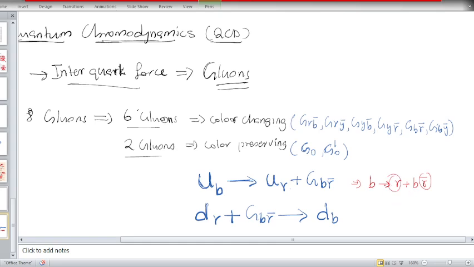This is how that particular blue up quark becomes a red up quark and a gluon with blue and anti-red color. Similarly, this blue and anti-red colored gluon is absorbed by a down quark with red color, as you can see in the second case. The red and anti-red cancel each other, and this down quark will become a down quark of blue color.